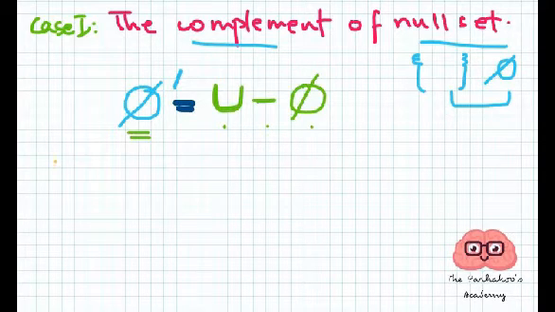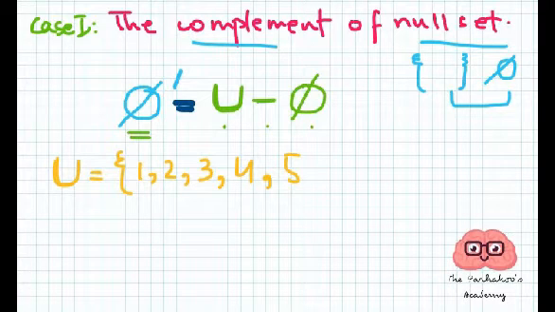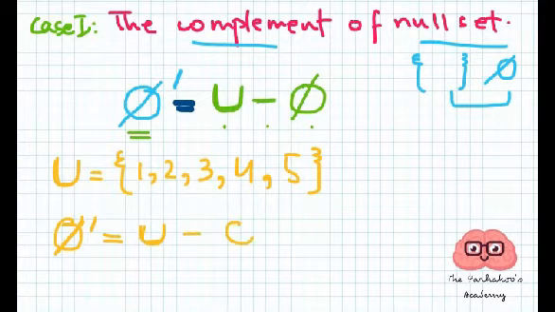Let's see with an example. Let's say we have U set equal to 1, 2, 3, 4, 5. Let's suppose we are to find the complement of the null set, which says U minus null set.